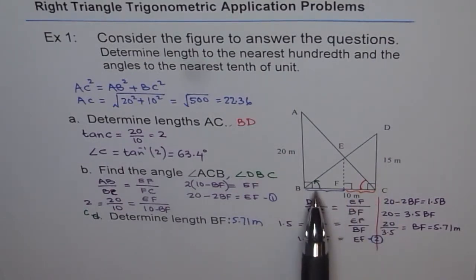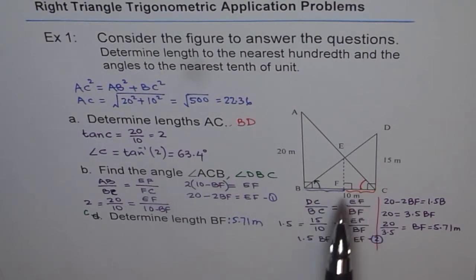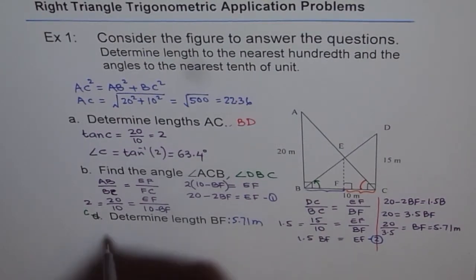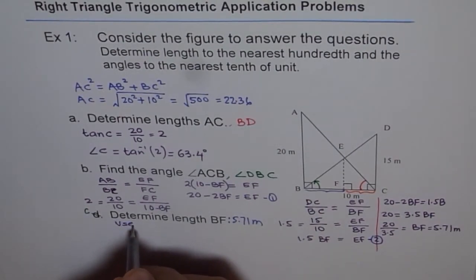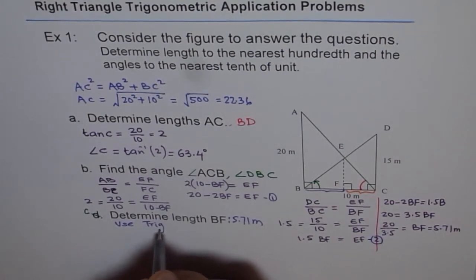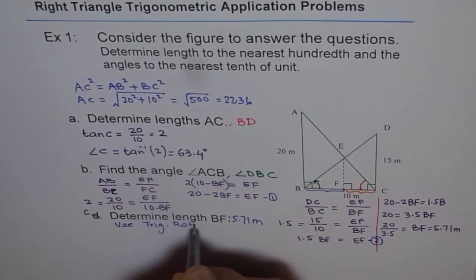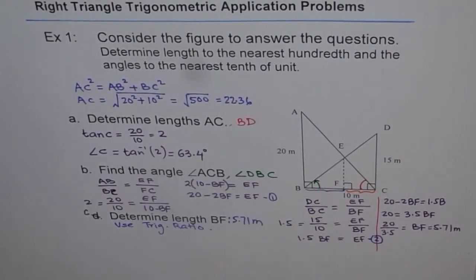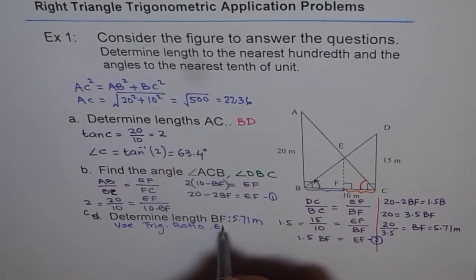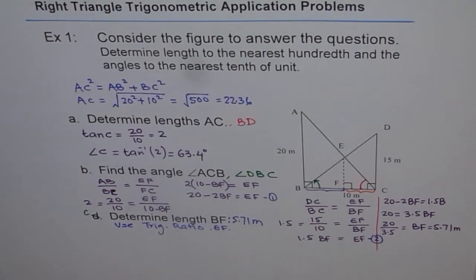So you know these angles, and these angles will help you find EF and BF, these two equations. So as an exercise, try to use trig ratios to calculate EF. That is homework for you to do.